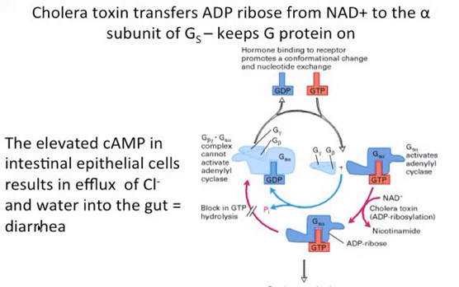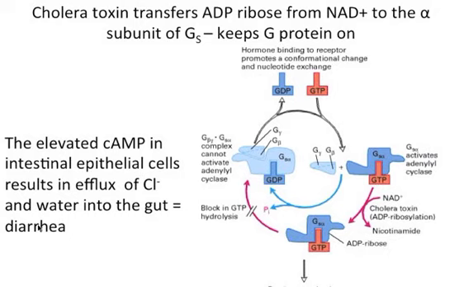Now, when you have cholera toxin, it actually ADP ribosylates the alpha subunit of your stimulating G protein, which basically keeps it on.